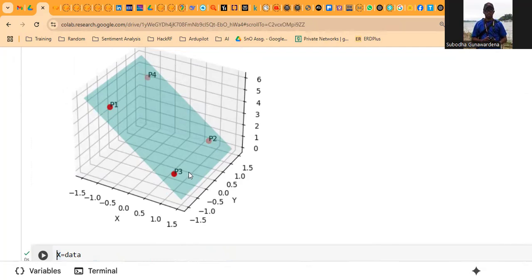In that case, if I want to represent these 4 points, I can represent them even using 2 dimensions. How? Because all these 4 points are on the same angled plane. If I choose 2 axes on top of this plane, these 4 points will have values of only 2 axes, right?